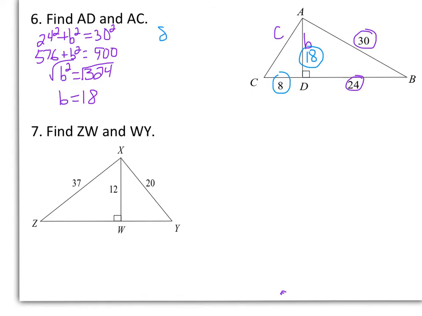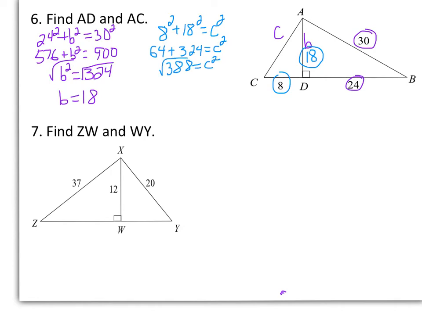So we can say 8 squared plus 18 squared equals C squared. So 64 plus 324 equals C squared. Combine like terms, so we get 388 equals C squared.